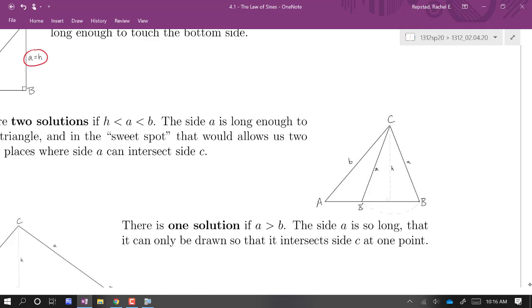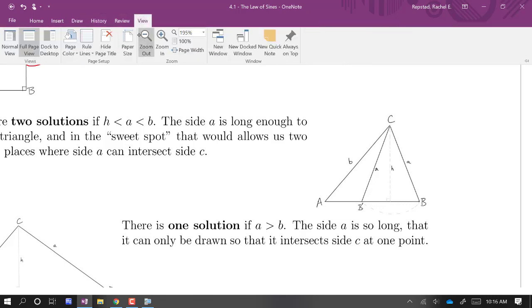And is that side bigger than B, or is it between H and B? If it's bigger than B, there's one triangle, perfect. There's only one triangle we can draw. But if it's between H and B, I have to then consider both. So this is a trickier case, right? We have to be a little vigilant about paying attention to the information they've given us.